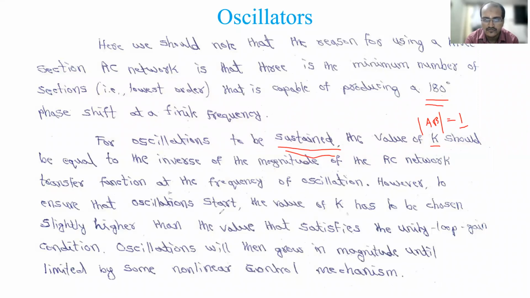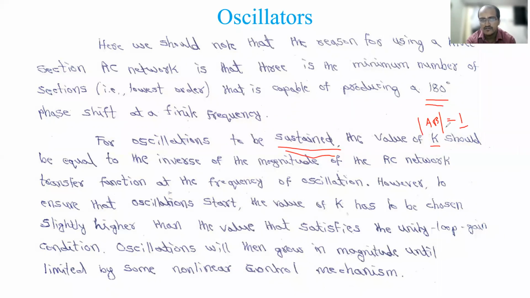However, to ensure that oscillations start, the value of K has to be chosen slightly higher than the value that satisfies the unity loop gain condition. Initially you can keep A beta greater than 1, and then to sustain the oscillation you can tune it. Practically, exactly equal to 1 will not happen.